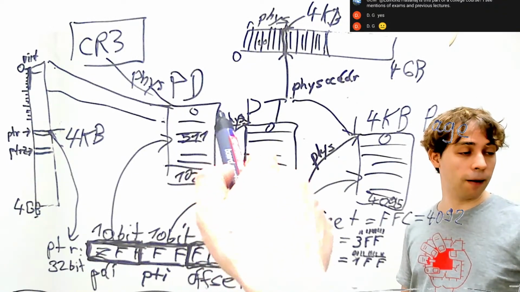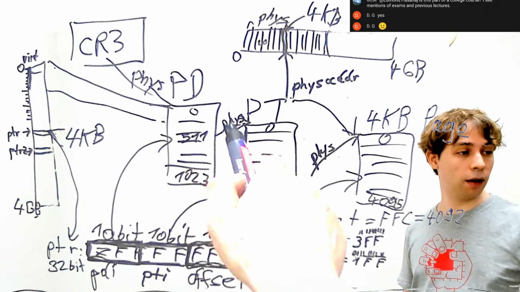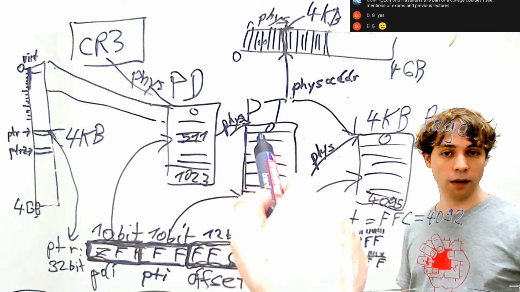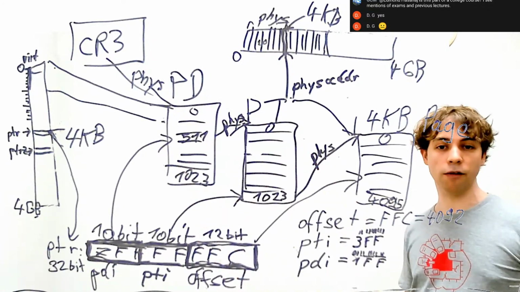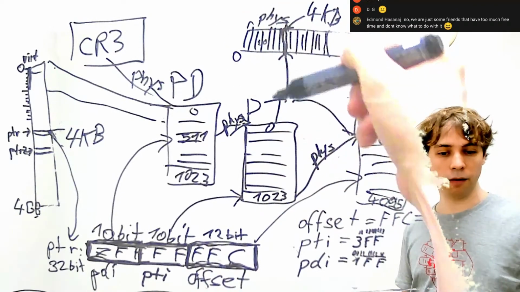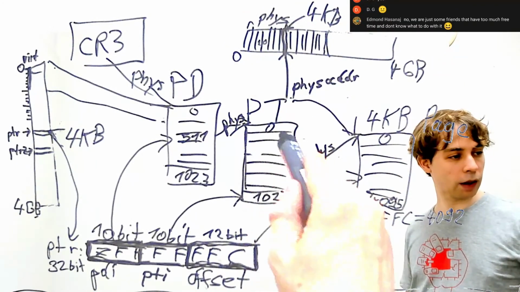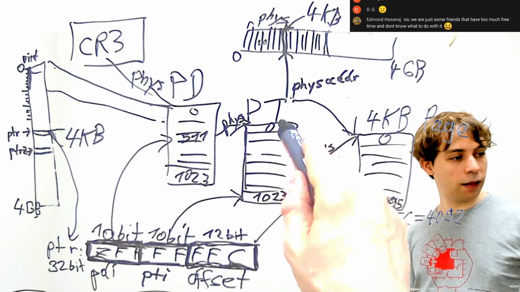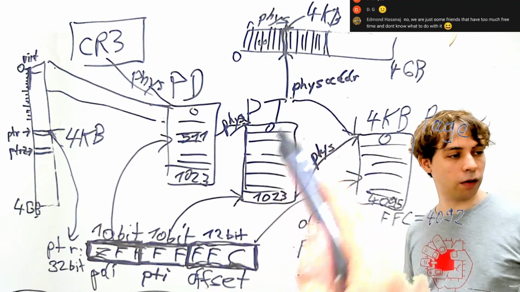If we do get an address for this page table, then we go to the next level, right? So there will be many, many page tables for each page directory. And the page table then points us to the pages.